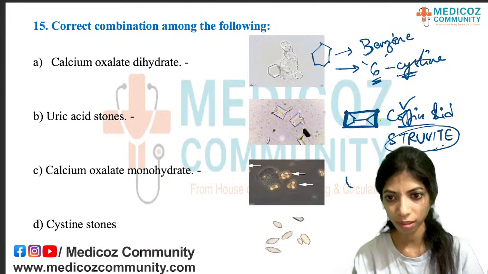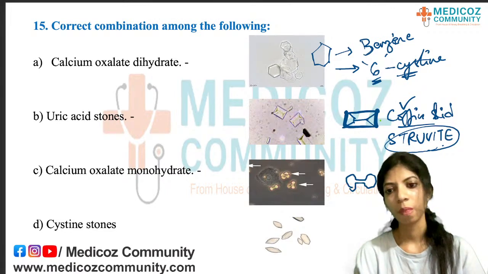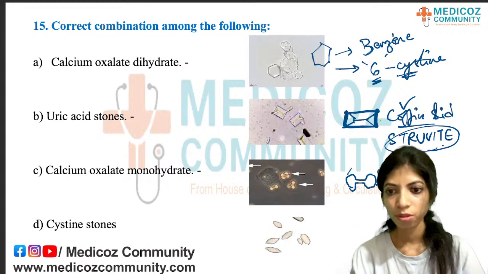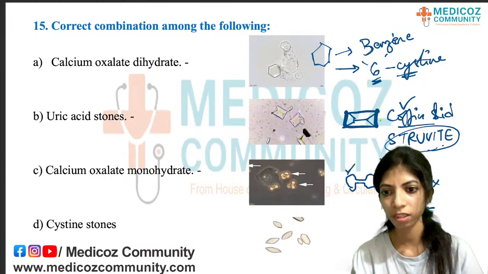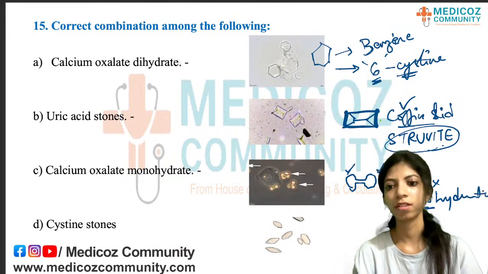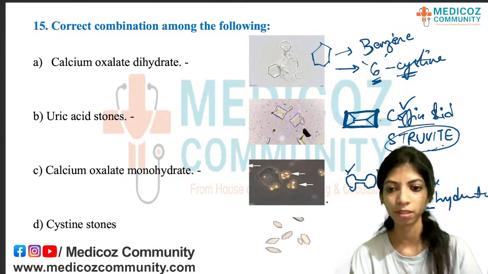It looks like a dumbbell, no? This dumbbell has two headed balls. So this is for calcium oxalate monohydrate. In that it has mono, but here it has two. So calcium oxalate monohydrate stones have a dumbbell appearance.